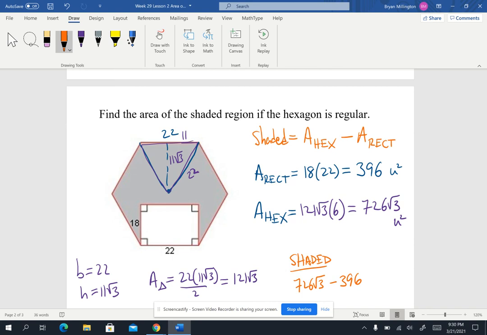You could multiply 726 times root 3 in your calculator and get a decimal and then subtract 396 from that. But a lot of times when we get into high school math and beyond, we like to leave our answers in exact terms like this when we can. So 726 root 3 minus 396 units squared would be a great answer for that shaded region.